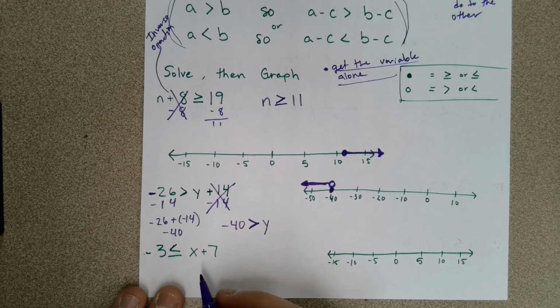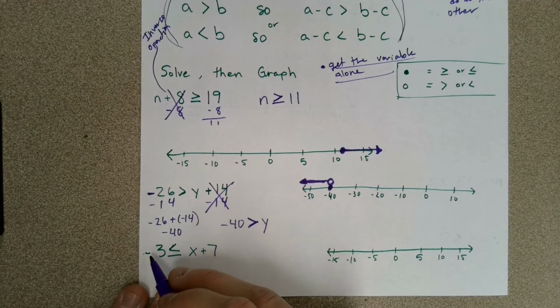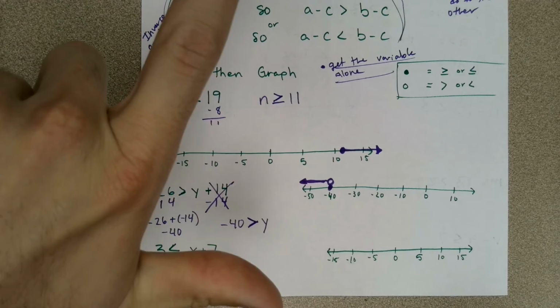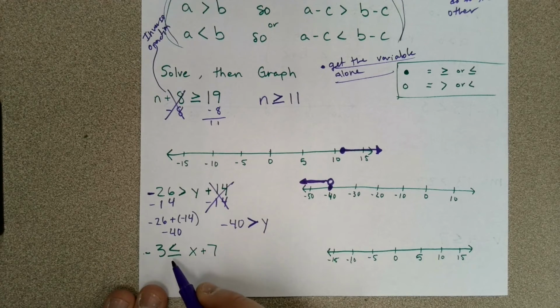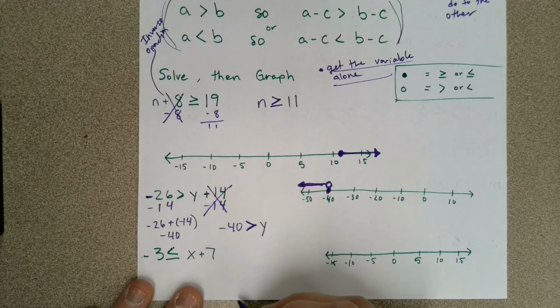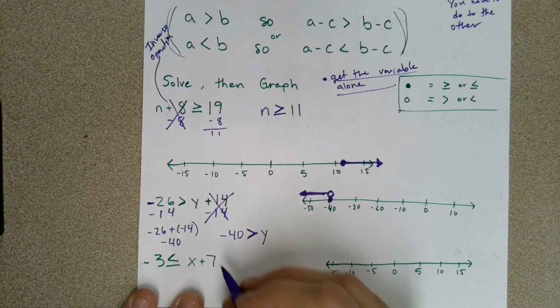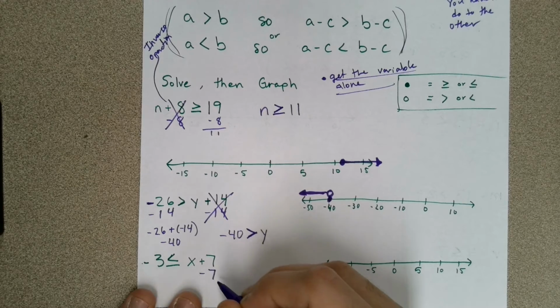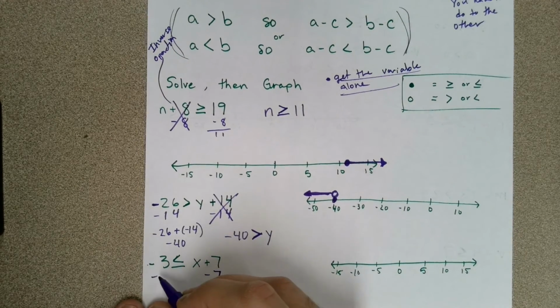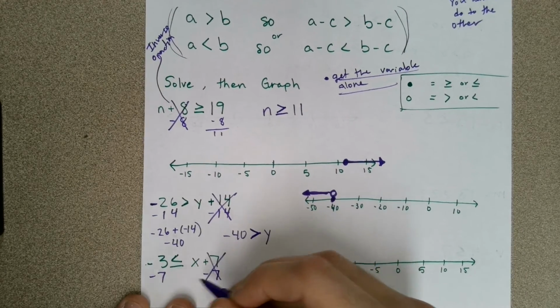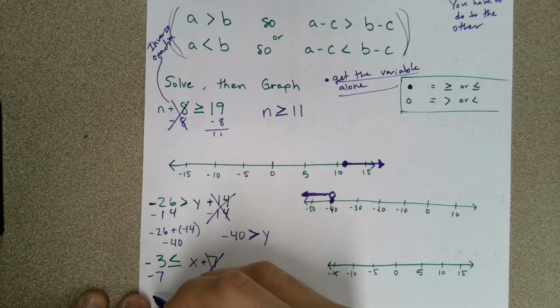One more here. We got negative 3 is less than or equal to x plus 7. How do we get the variable by itself? We do that inverse operation. Minus 7 from each side. Minus 7 there. Minus 7 there. These ones cancel out. Negative 3 minus 7.